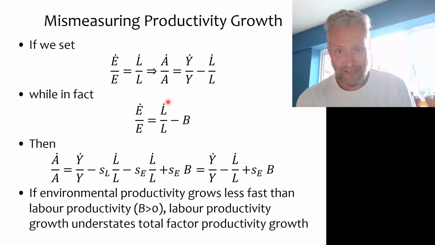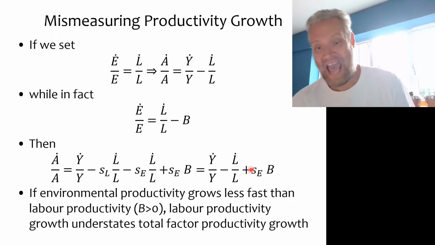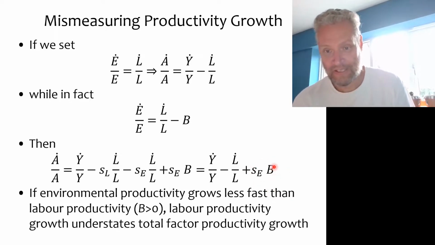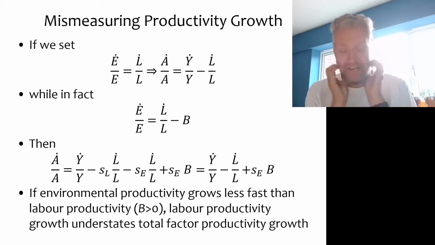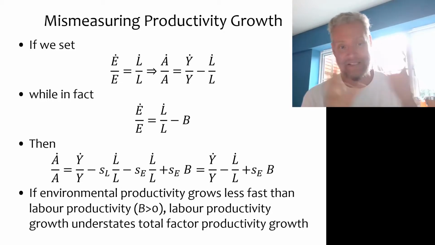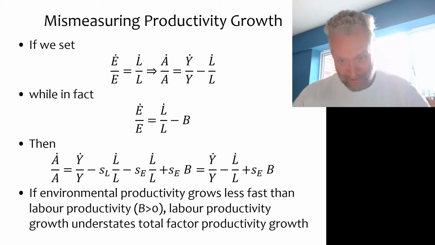But this is just this thing substituted in here. Again, these two add up to 1, so this expression here is the same as here. And now we have to add, with a double negative, minus and minus, the cost share of the environment times the bias in the measurement of environmental growth.